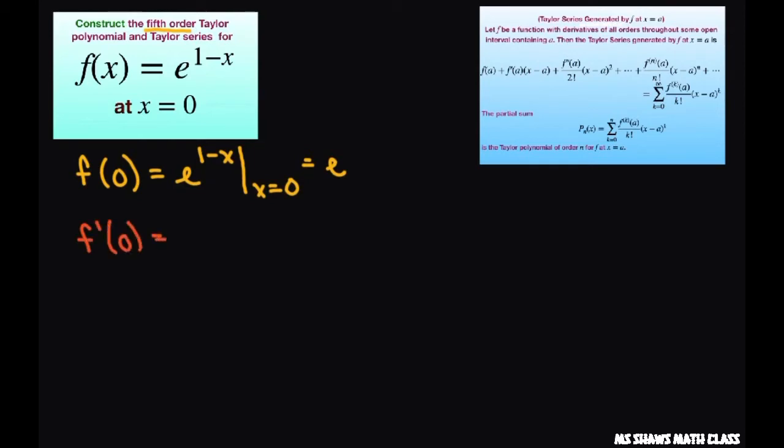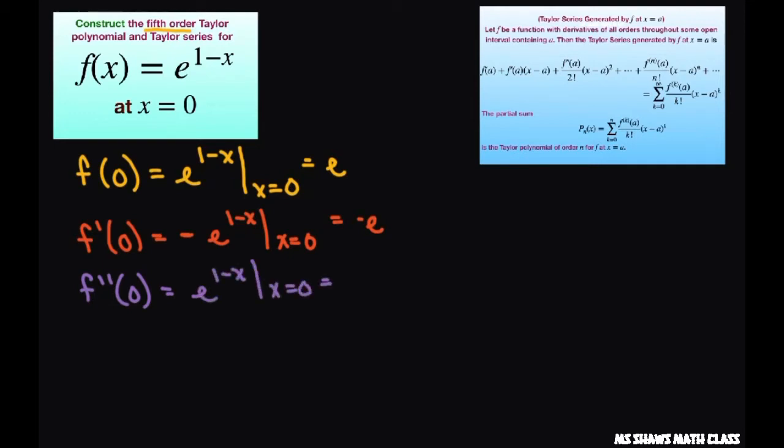So that's going to be negative e to the power of 1 minus x. Evaluating that at x equals 0, that's going to equal negative e. All right, and the second derivative is just going to be equal to e to the power of 1 minus x. At x equals 0, that equals e.